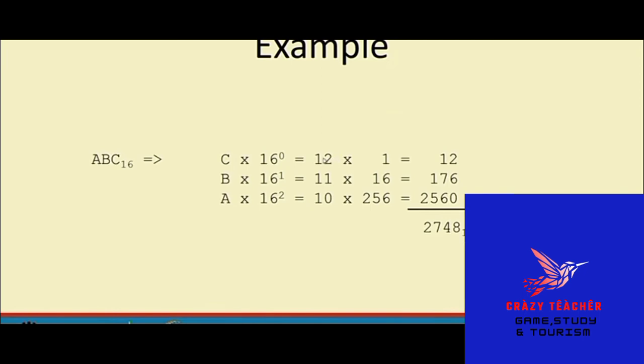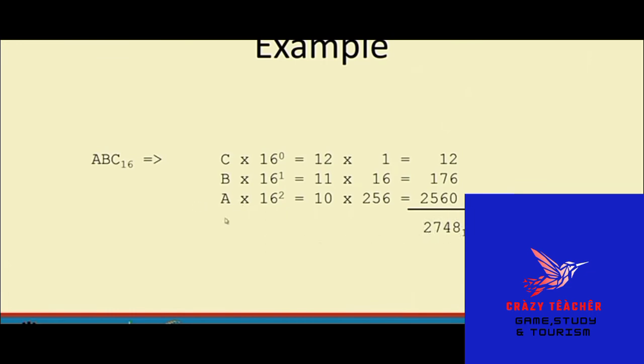As I said, each symbol has some corresponding integer value in the number system. For the hexadecimal number system, A is 10, B's integer value is 11, and C's integer value is 12. These values are multiplied by the powers of 16, and that way we get the value 2748.